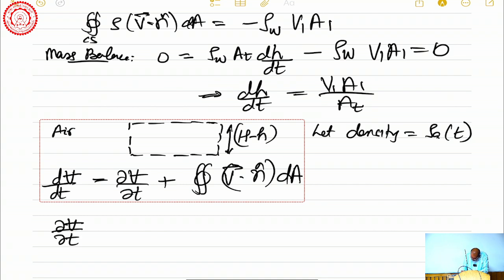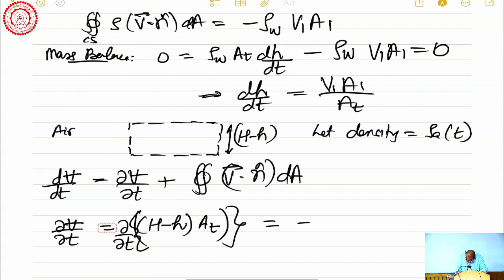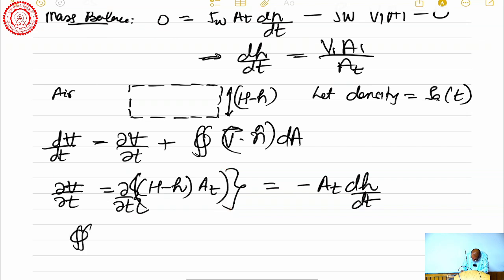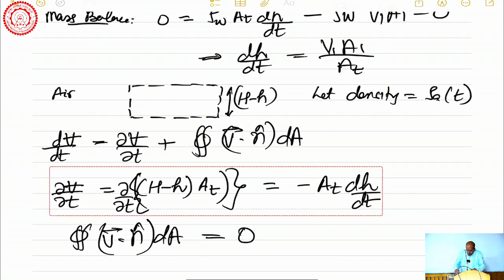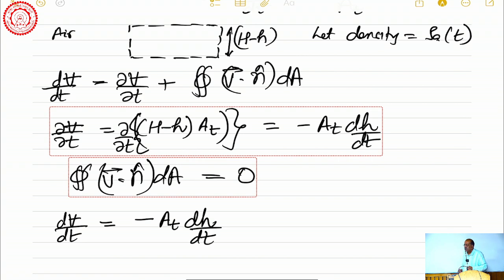So in this control volume, partial V by partial T will be equal to, and what we get is dV by dt is equal to, and this volume then we can relate.